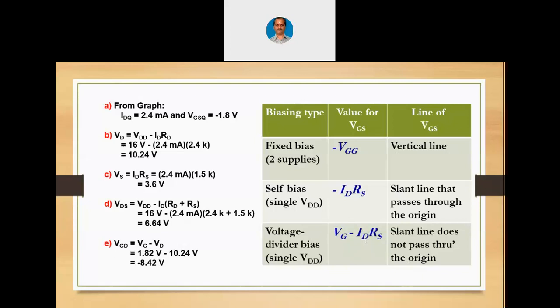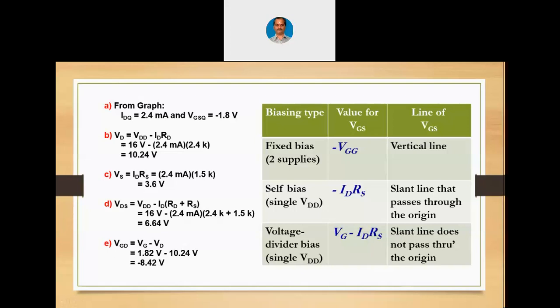That is why in the case of voltage divider bias, once we have to substitute ID equals 0, next we have to substitute VGS equals 0. Correspondingly, we will get those 2 points. Those 2 points we have to join, and that line when we extend, it will cut the transfer curve and we will obtain the Q point. This way, we have studied these three biasing circuits in JFET.